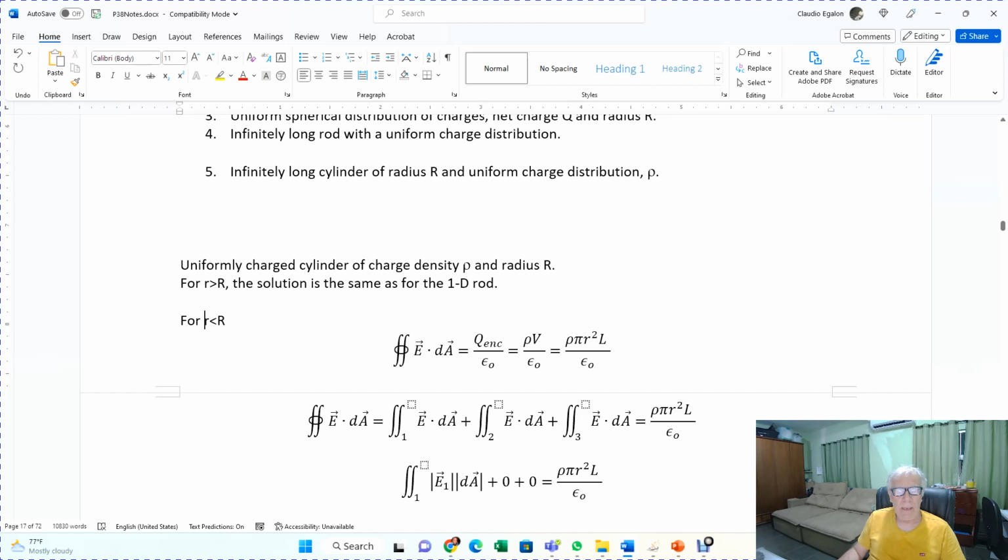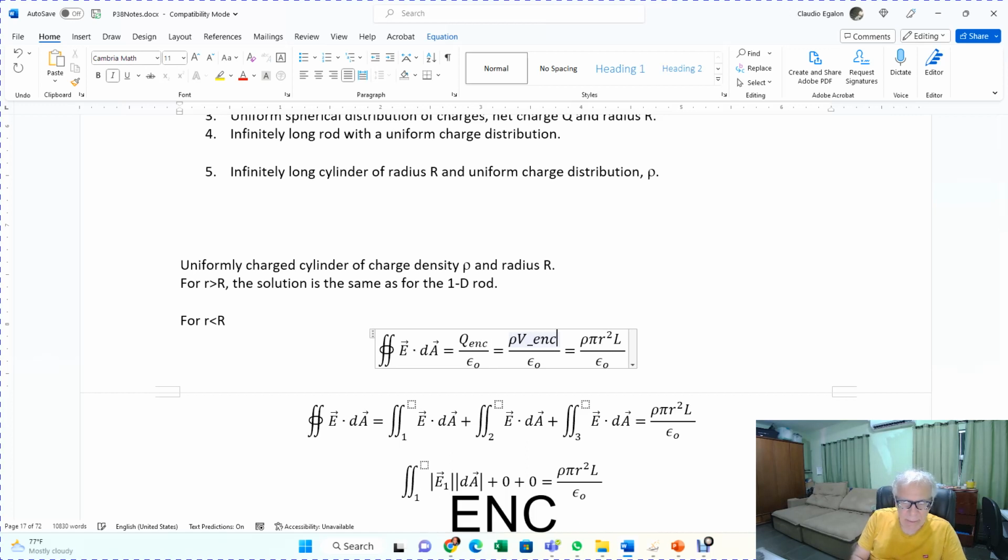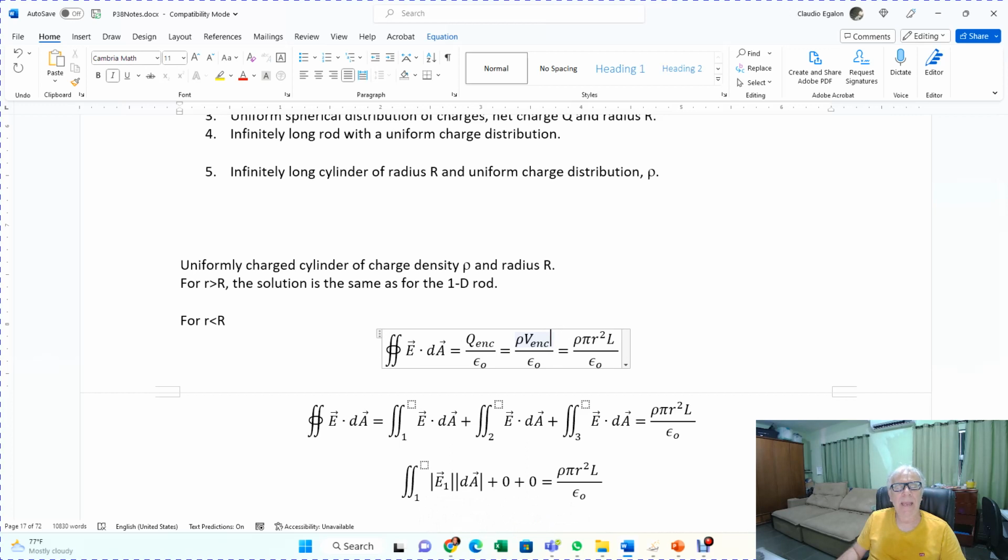You have E dot dA equals Q enclosed divided by epsilon naught, and just like before, rho times V, where V is the volume enclosed by the Gaussian surface. The volume of the Gaussian surface is going to be pi r squared, the area of that cap of the cylinder, times the length of the Gaussian cylinder.